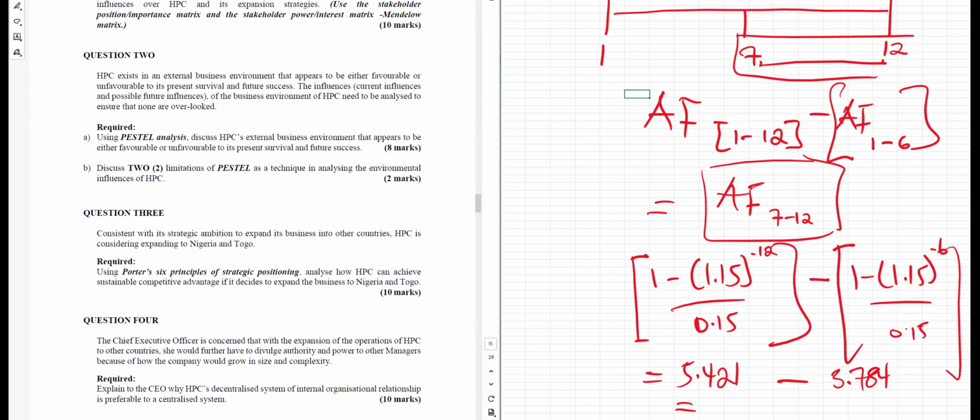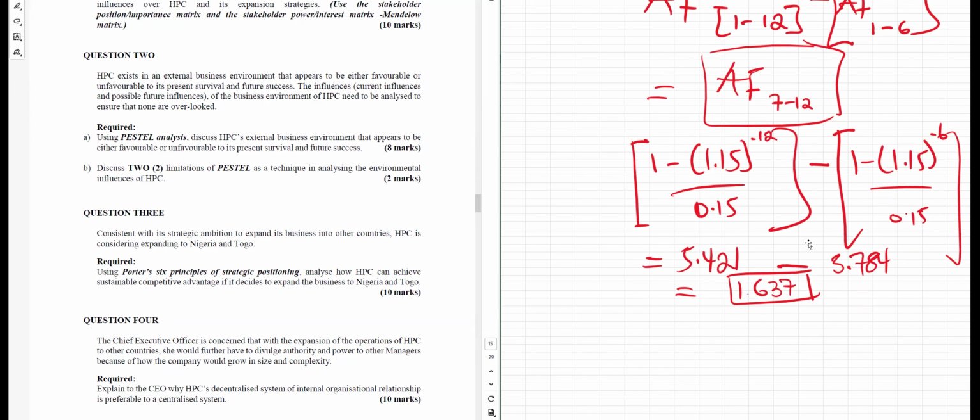What do we get then? 5.421 minus 3.784. We end up with 1.637, right? We can use that to multiply our cash flows now.